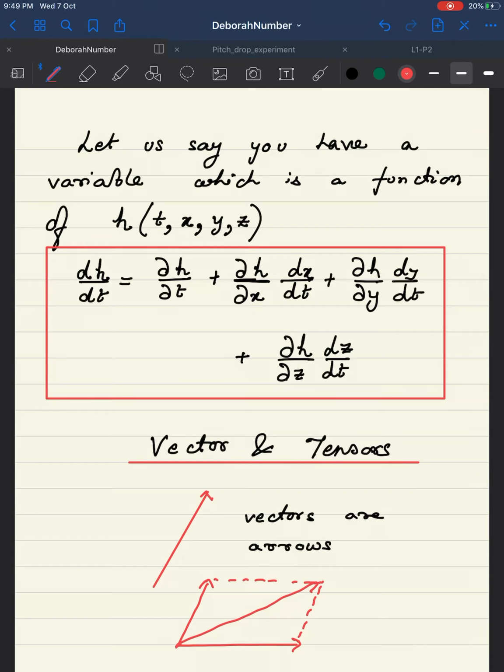This is how most of us learn vectors when we are in school, or sometimes even in college, that we learn vectors are arrows, and that if we have to add these things, then we have to use the parallelogram law.